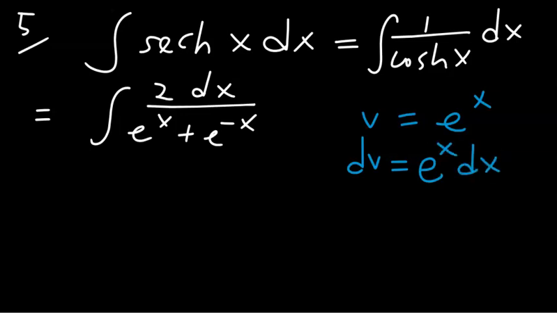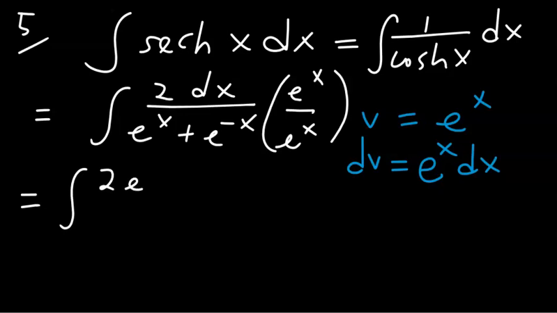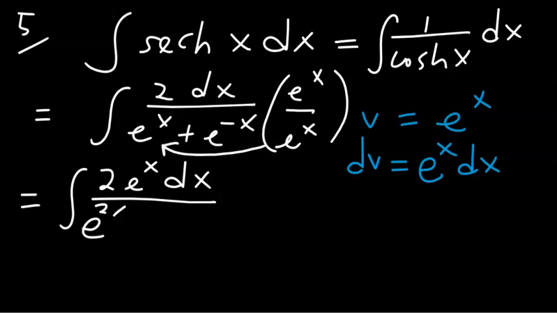Now let's go back to the original integral and multiply up and down by e to the power x, like that. We are not changing anything because this is essentially 1. So you have an integral of 2 e to the power x dx in the numerator. The denominator becomes e to the power x times e to the power x is e to the power 2x.